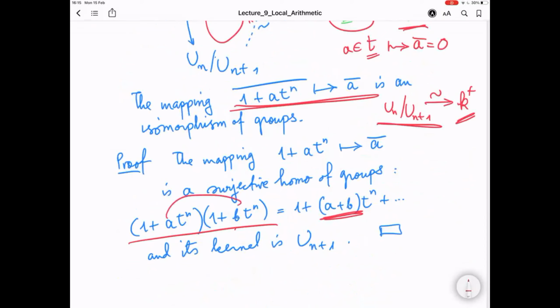And the kernel is visibly Un+1. So you have this homomorphism from Un to K plus, which is surjective, and the kernel is Un+1, and that's it. That proves the statement. Okay.